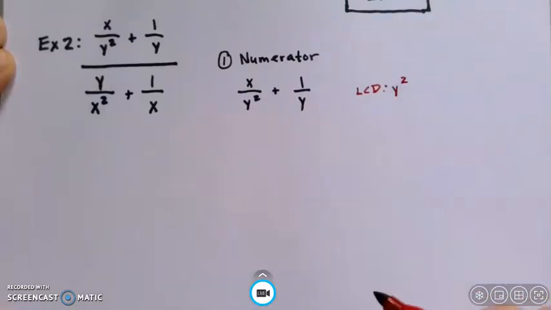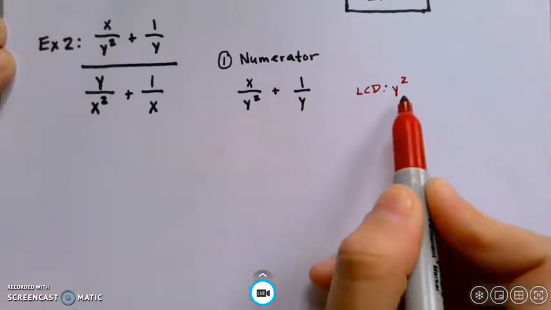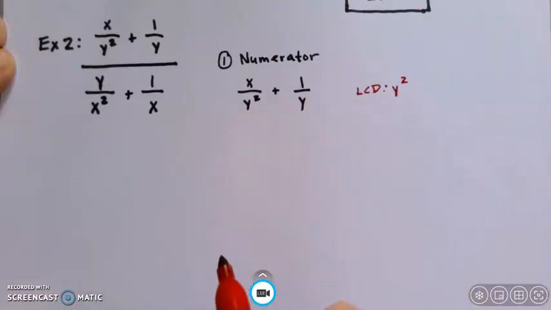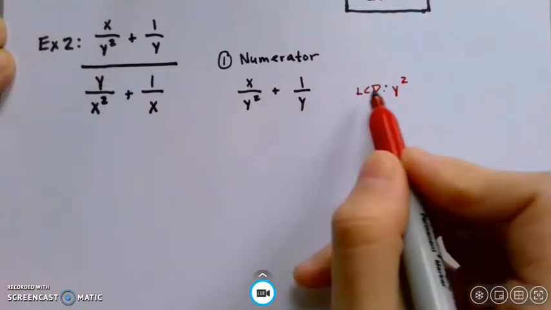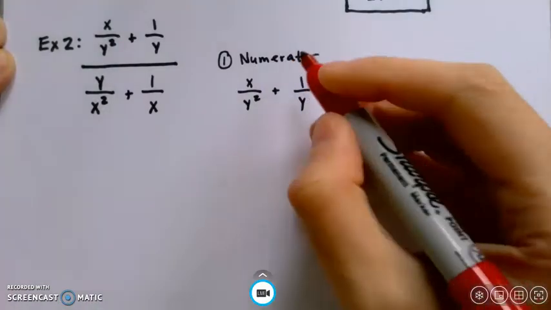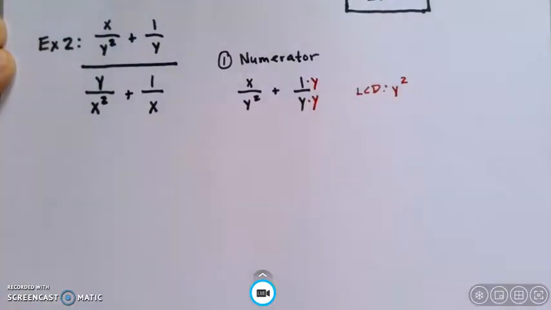So let's go ahead and fix the fractions that need to be fixed. In this first fraction, my LCD already matches, so this one's good just the way it is. In the second denominator, I have just y, and I need it to be y squared. So if I multiply by y in both the numerator and denominator, I'll get exactly what I need.